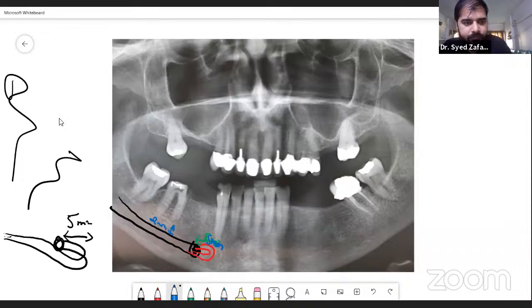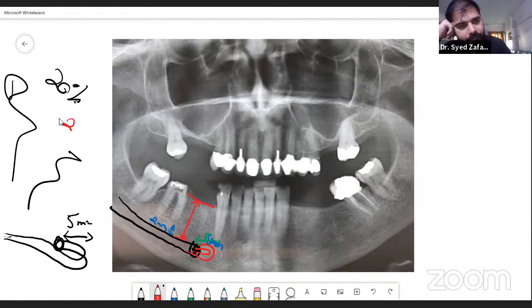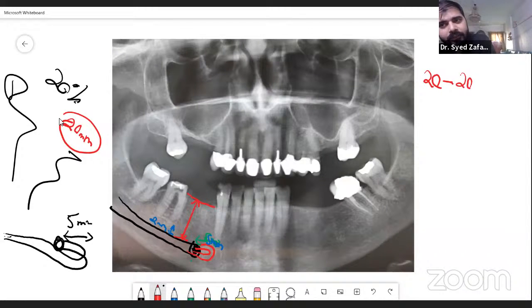2 mm safe margin. When you see the OPG, you already know you have to subtract 20% magnification error from it. If this is the bone level, this is the canal, and I am assessing from my scale, this is 20 mm. I'm giving you just an example. I did not measure it. Then I will subtract 20% from it.